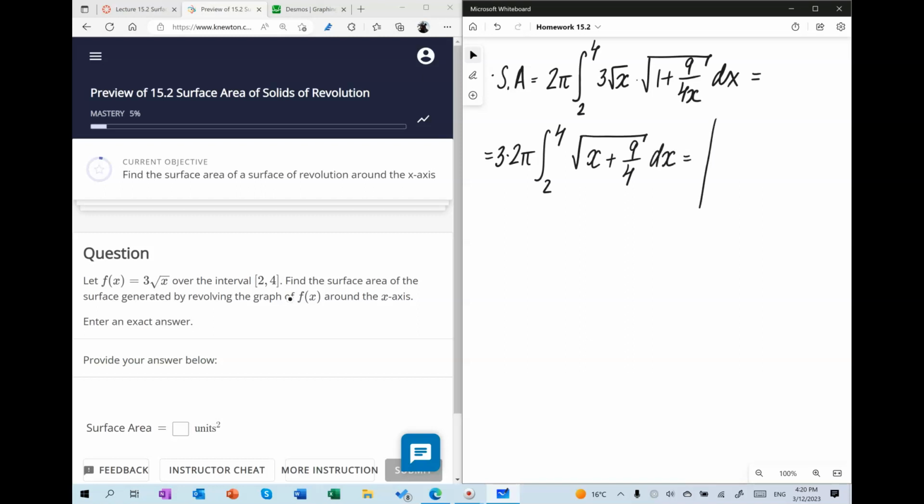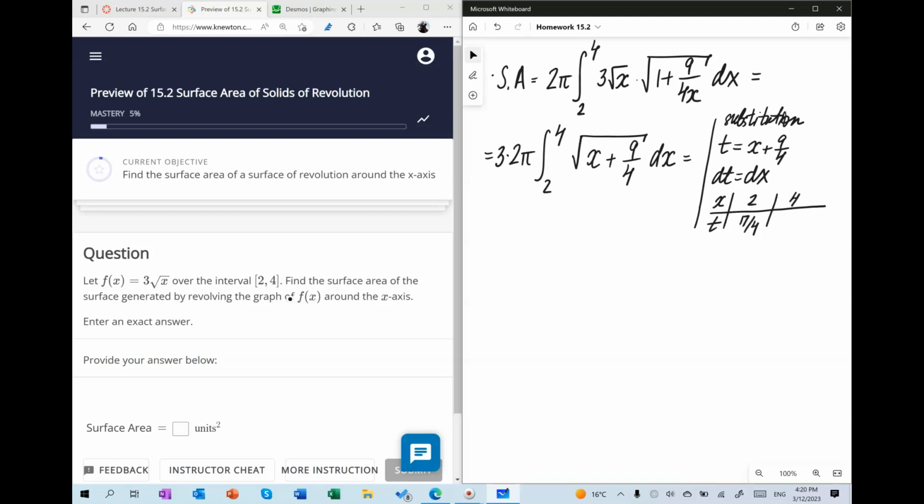Now we're going to do this with substitution. So let's set t to be equal to x plus 9/4. So then dt will be equal to dx. And the new limits of integration we can compute. So when x equals 2, t is equal to 17/4.